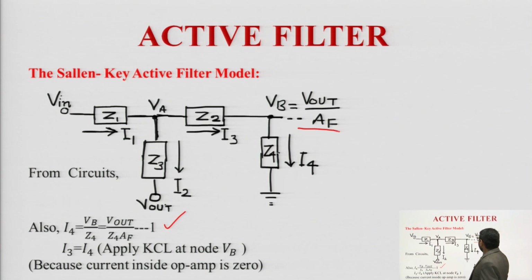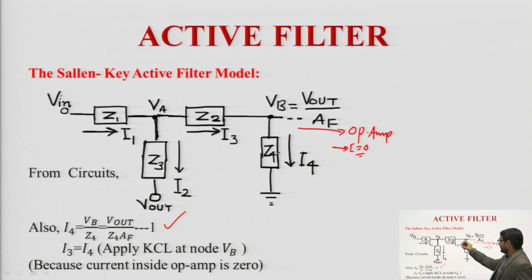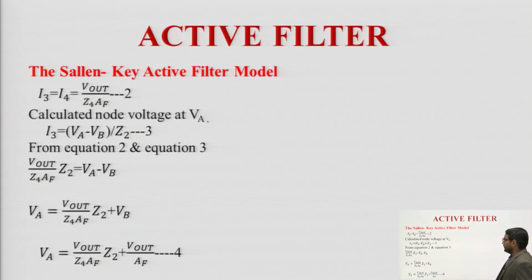This side is the op amp inverting input terminal, and the current at the op amp input is 0 due to high impedance. So from this we can say that I3 equals I4, applying KCL at the node VB, since the current on the op amp side is 0. So I3 equals I4, equal to V out by Z4 AF. This is equation 2.